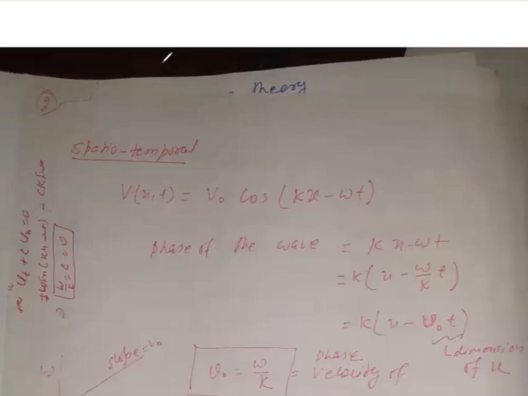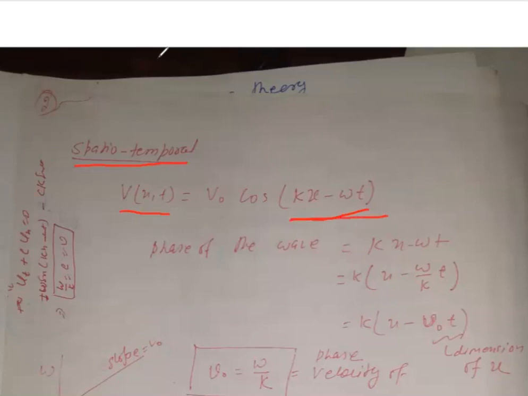Now, since we are considering 1 plus 1, where we have both spatial and temporal parts, this is called spatiotemporal. For a spatiotemporal wave we include both x and time, so both can be combined as kx minus omega t.